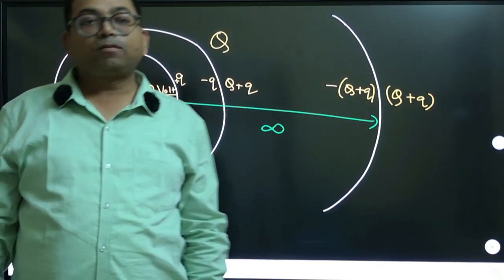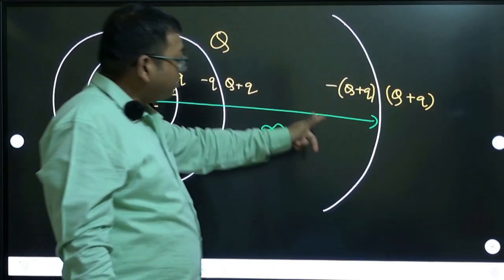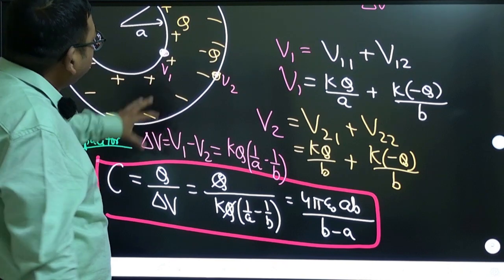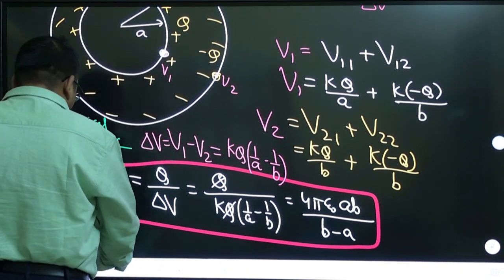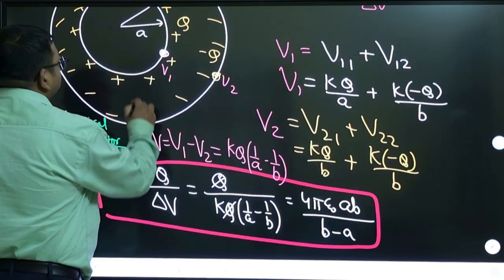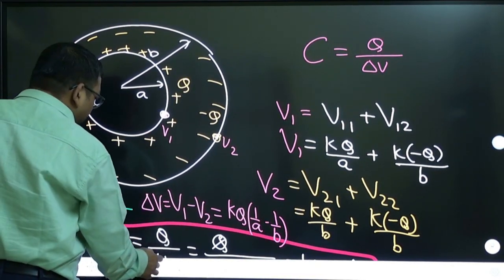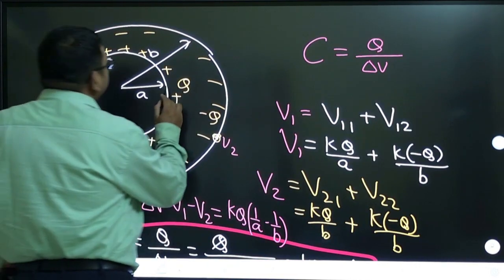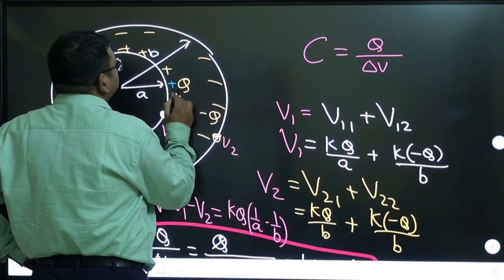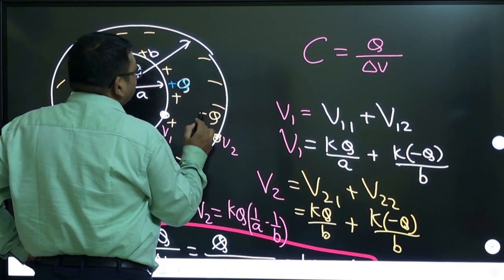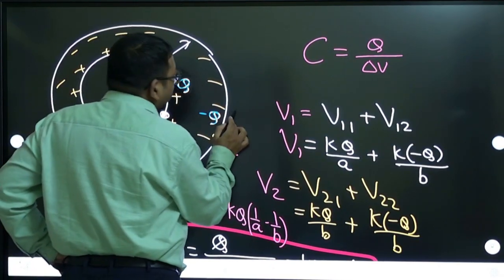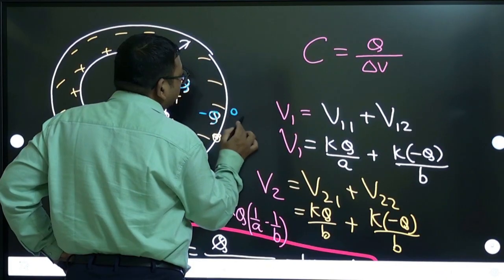Now we can consider the induction effect between them. Previously, while we derived this one, why did we not consider a sphere at infinity? The reason is that here we had taken plus capital Q, minus capital Q, and we were not considering any charge on the outer surface, 0 charge.